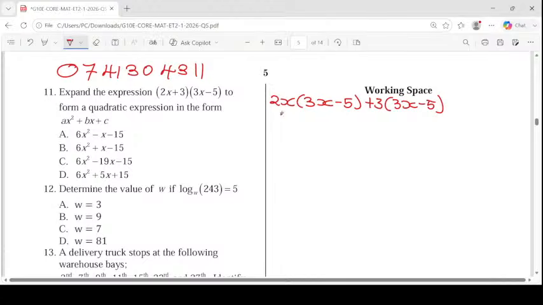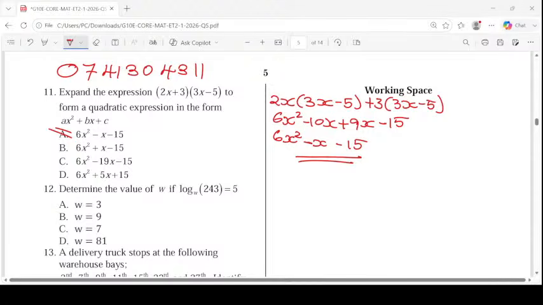So this will be 6x squared minus 10x plus 9x minus 15. So this can become 6x squared minus x minus 15. That will be the answer: 6x squared minus x minus 15. Exactly, choice A for apple.